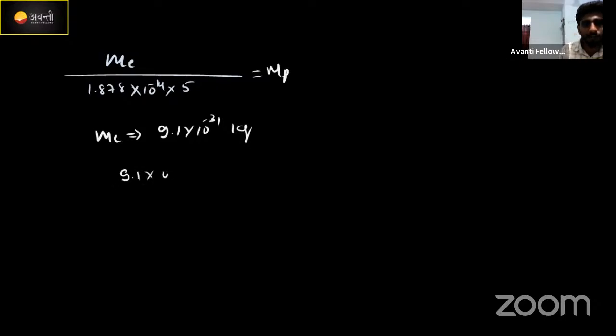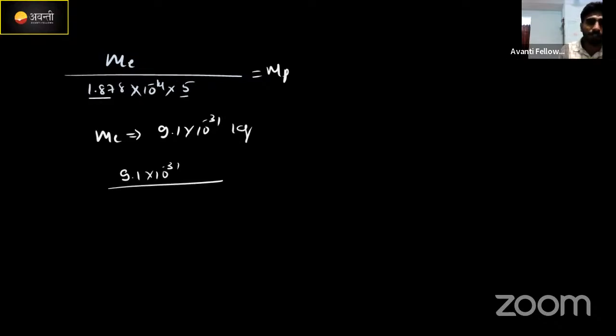This value will be equal to mass of that particle p, correct ना. Mass of electron आपको पता है 9.1 into 10 to the power of -31 kg. सब्स्टिट्यूट करो इधर, 9.1 into 10 to the power of -31 divided by 1.8 into 2 कितना होता है.